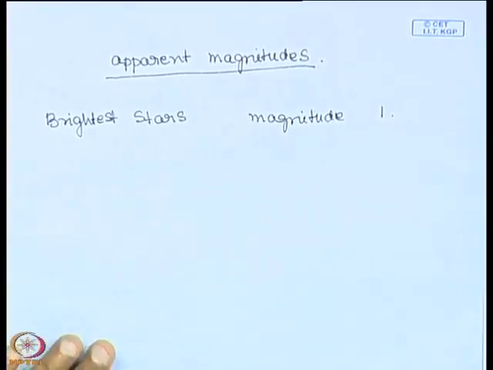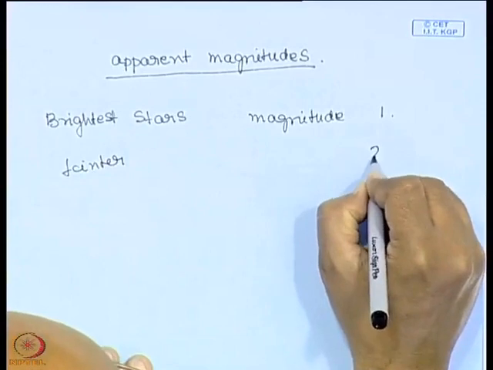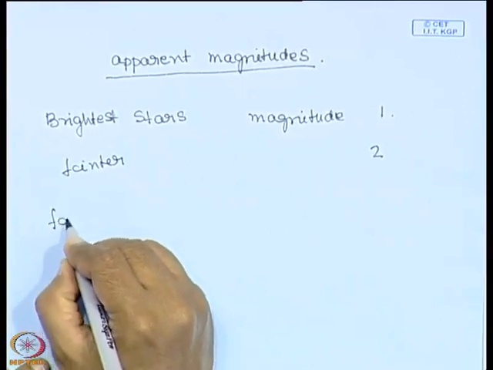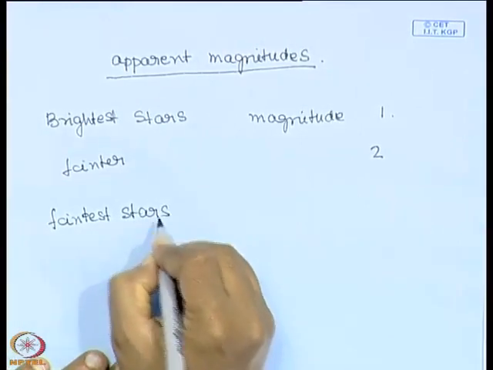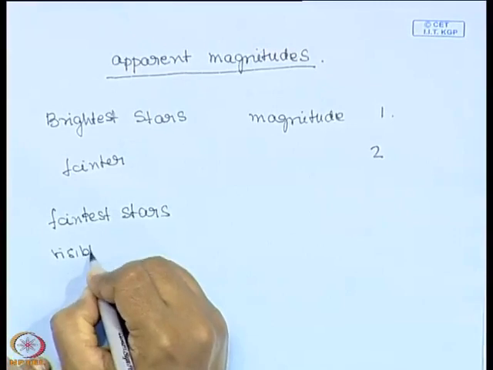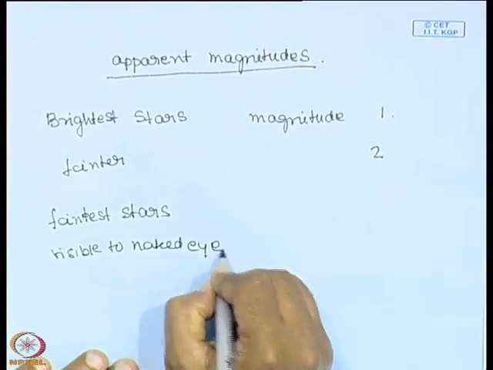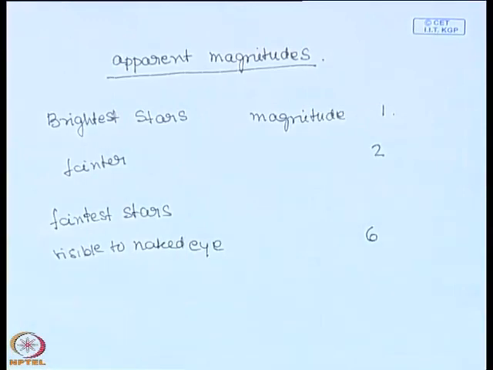Then the ones which appeared to be roughly half as bright, fainter stars, were given the magnitude 2, and the faintest stars that are visible to the naked eye have a magnitude 6, that is the faintest visible to the naked eye.